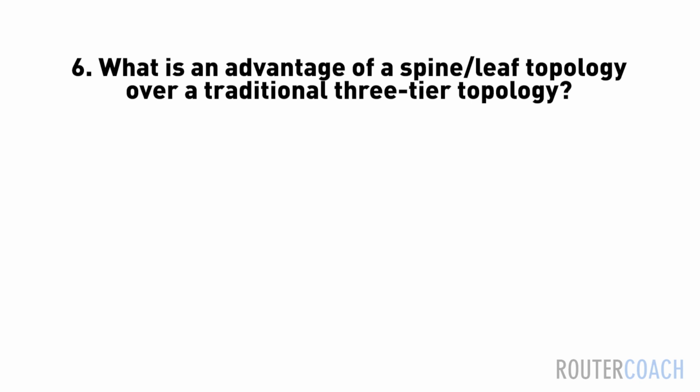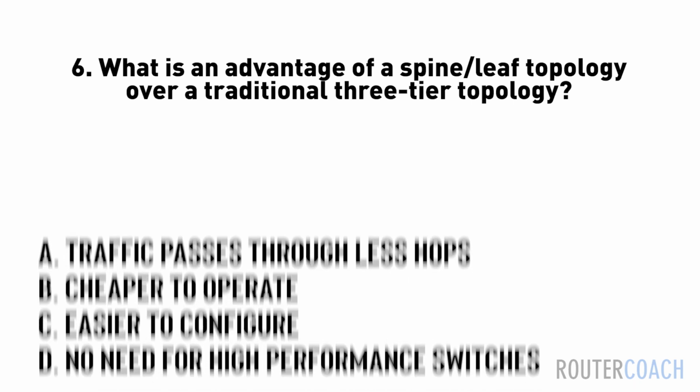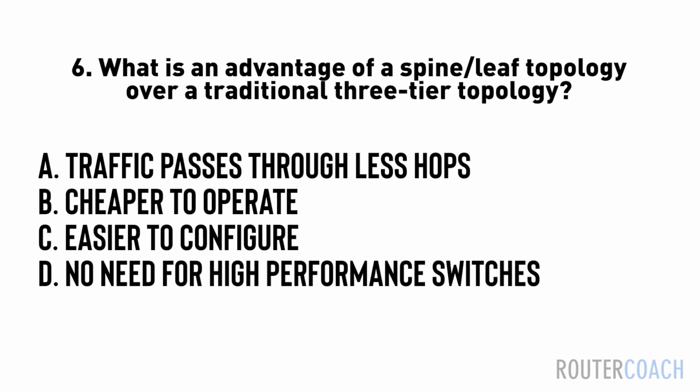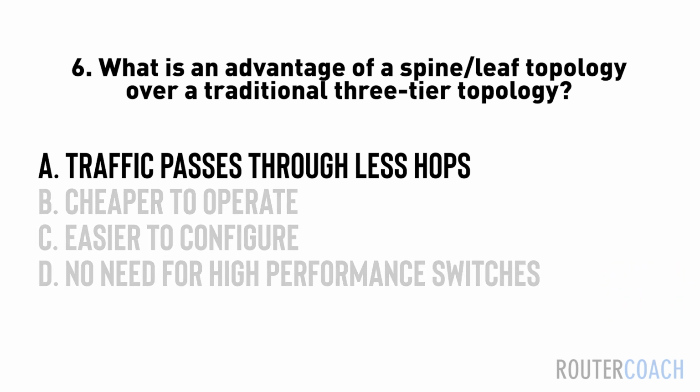What is an advantage of a spine/leaf topology over a traditional three-tier topology? A. Traffic passes through less hops. B. Cheaper to operate. C. Easier to configure. D. No need for high-performance switches. The answer is A.